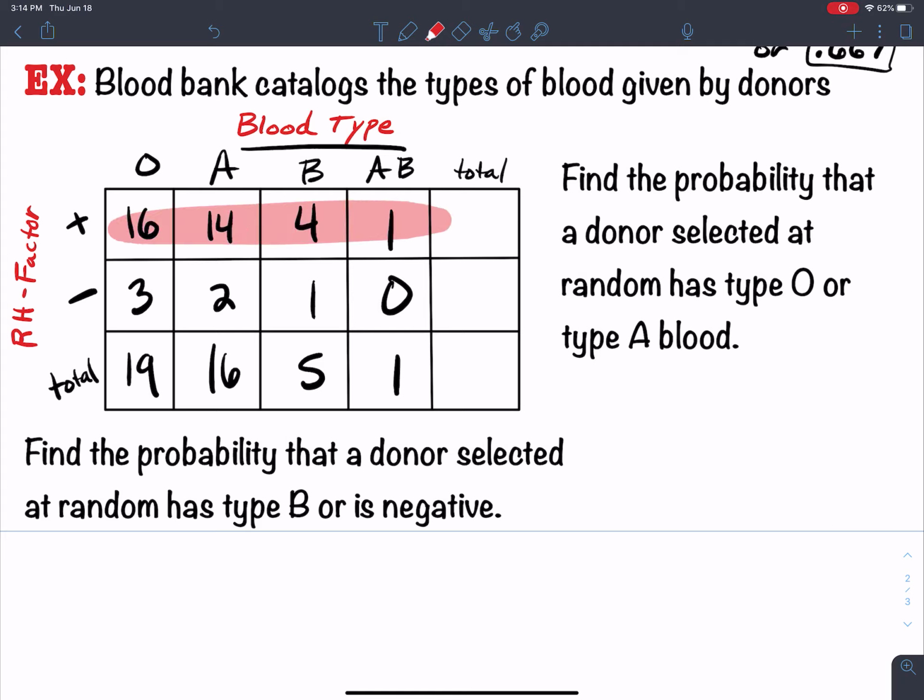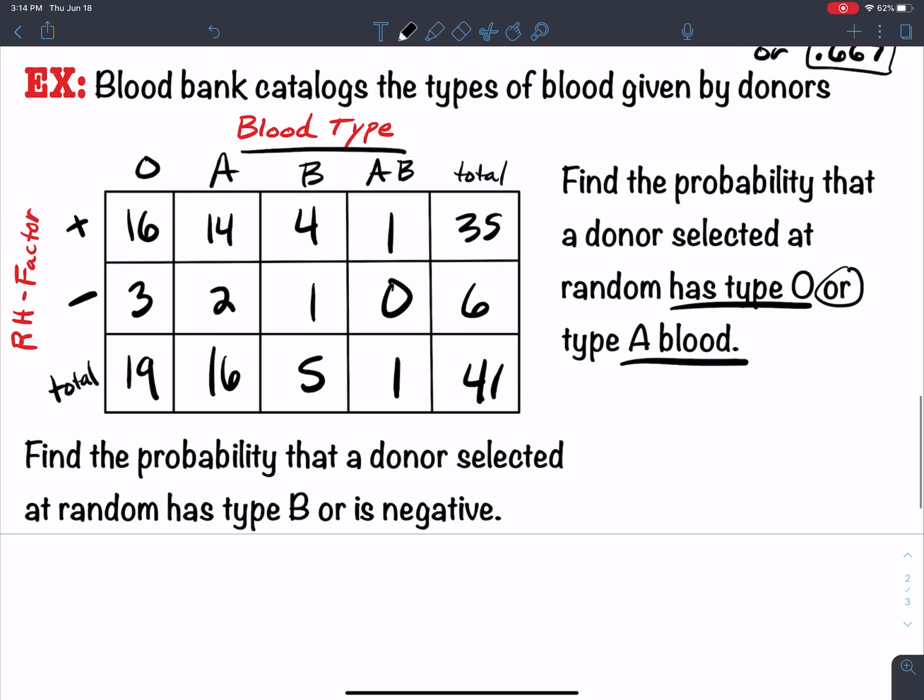How many positives total did I have? Looks like 35. How many negatives total did I have? I think that's 6. And so 41 people total were sampled. First thing I want to do, I want to find the probability of selecting a donor that has a random type of O or A. So I'm going to say type O for the letter O and A for the letter A. So let's do this.